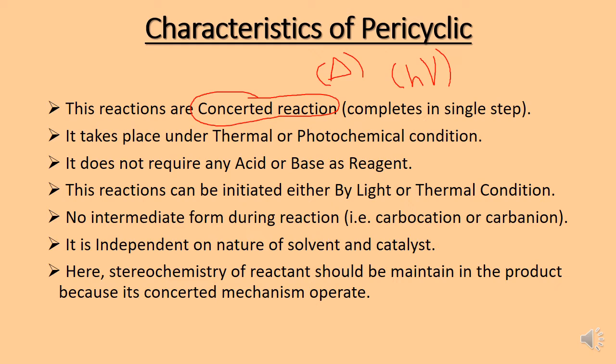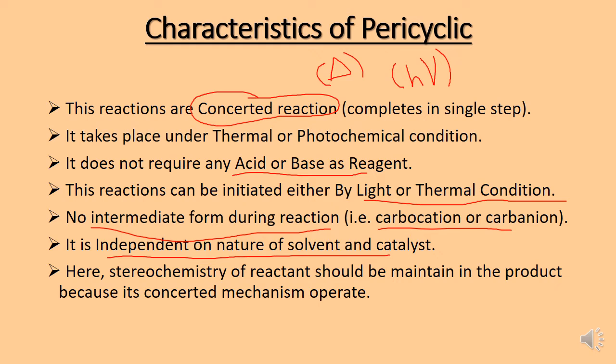It does not require any acid or base to initiate the reaction. This reaction can be initiated either by light or thermal conditions. No intermediate is formed during the reaction, for example carbocation, carbanion, nitrene, carbene, etc. It is independent of the nature of solvent and catalyst.